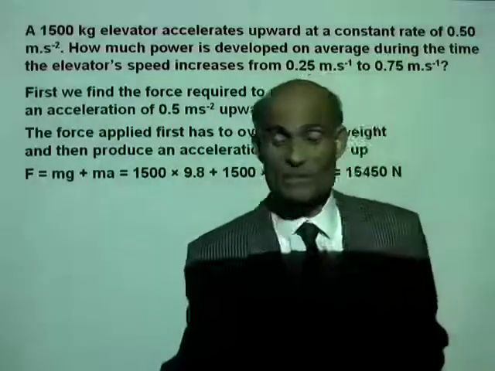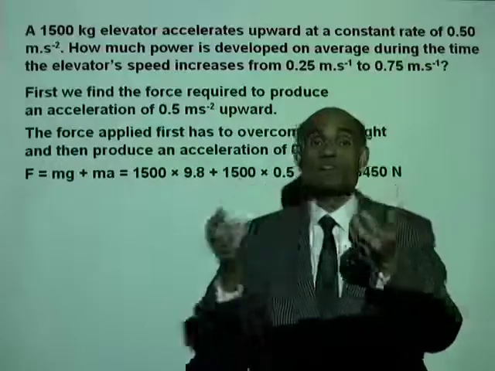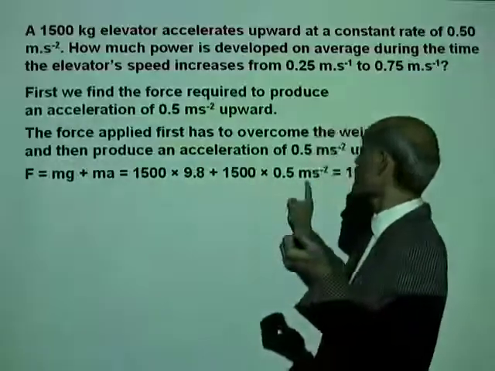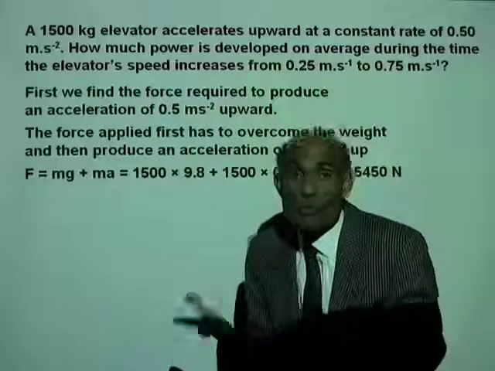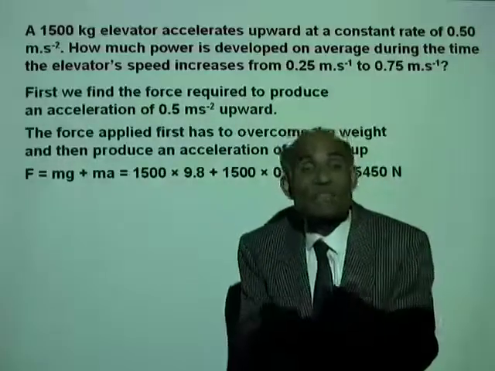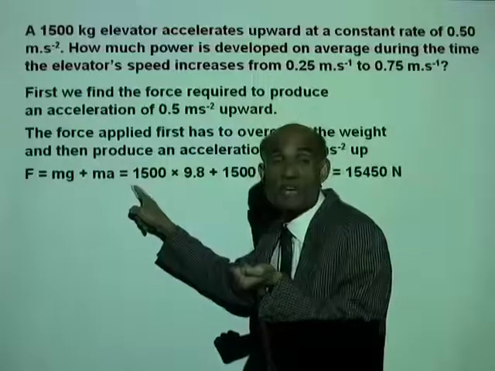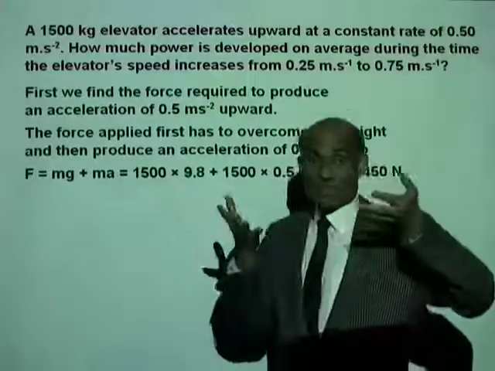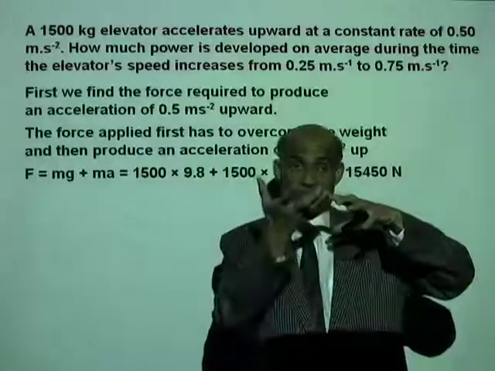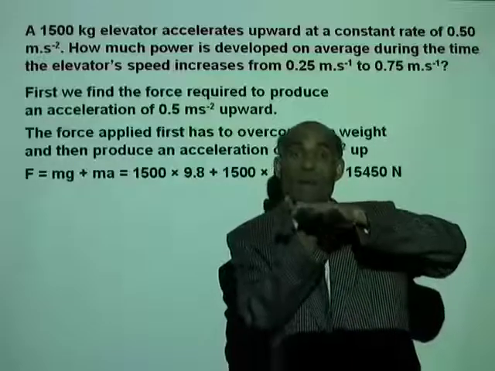In order that the elevator may be given an upward acceleration of 0.5 meter per second squared, first of all, the weight of the elevator needs to be overcome. So you need to apply a force equal to the weight of the elevator first. Now, once that force is applied upward, the elevator is now ready to move up.